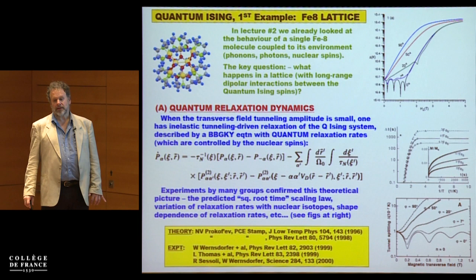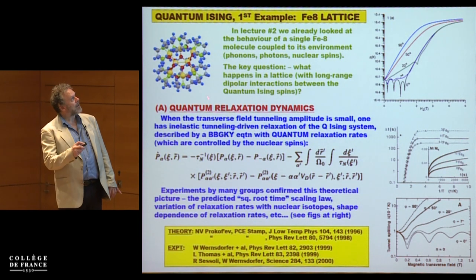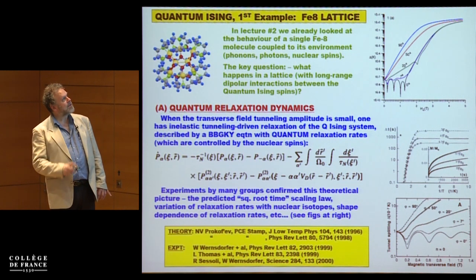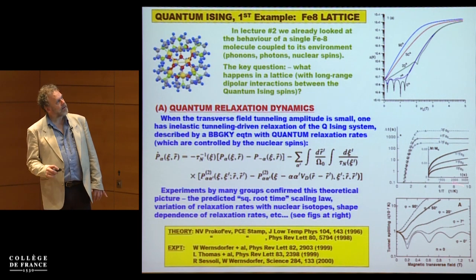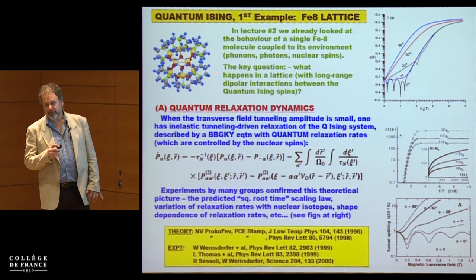So this is the great advantage of this system: it can be made very pure. Lattices of these molecules which have spin 10, and we can apply a transverse field and vary the tunneling amplitude, the effective transverse field, in fascinating ways.